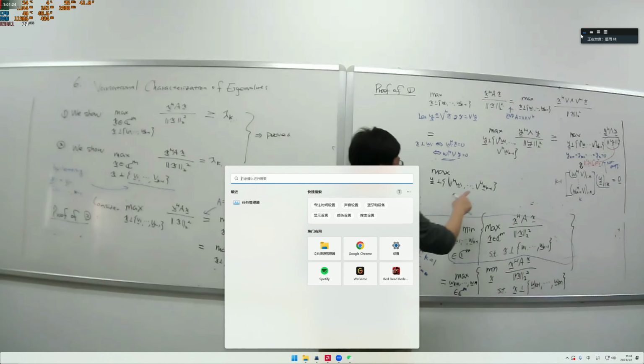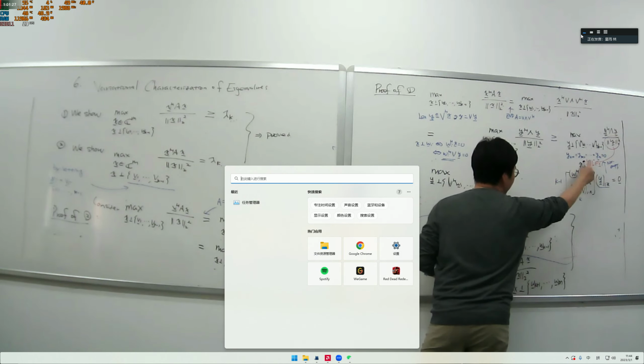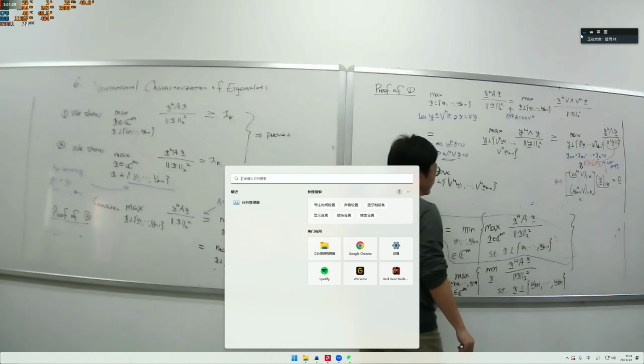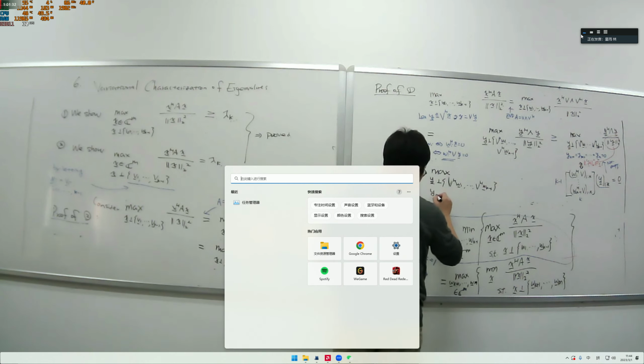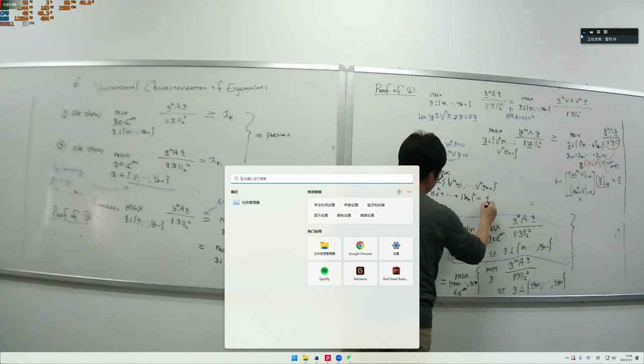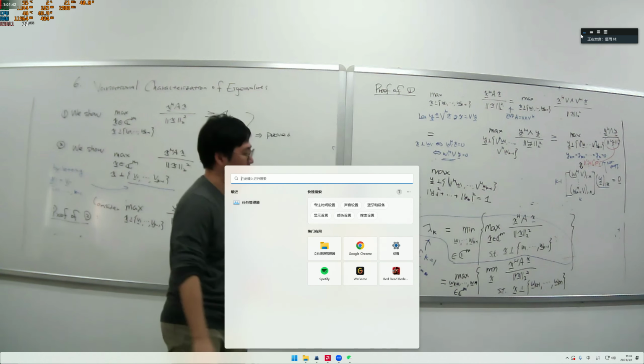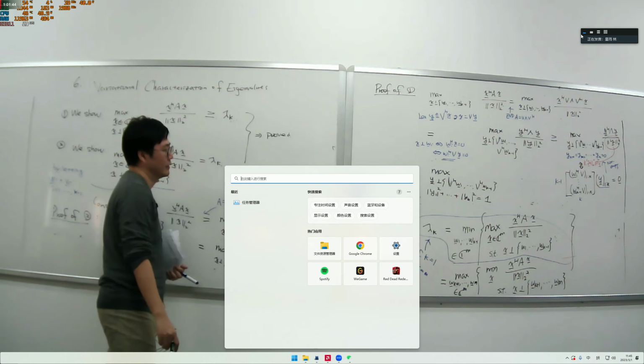So here the 2-norm square equals 1 and the last n minus k entries equal 0. So this is equivalent: the first k elements, the summation equals 1.